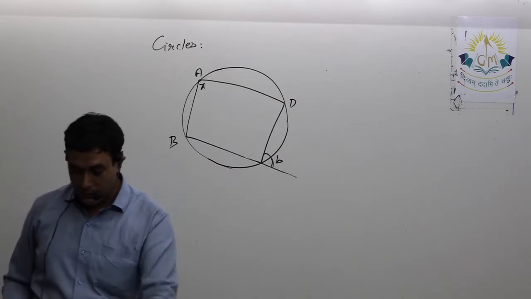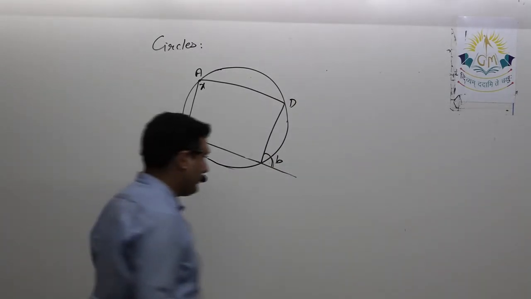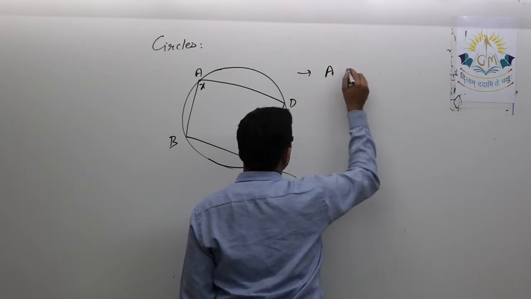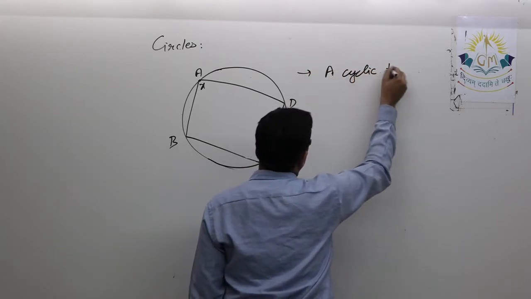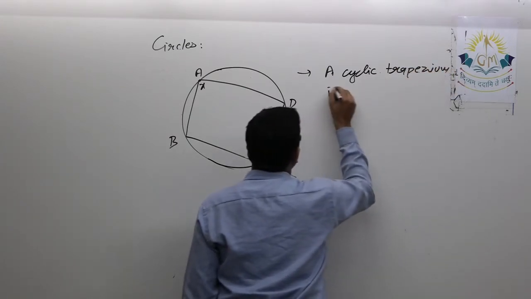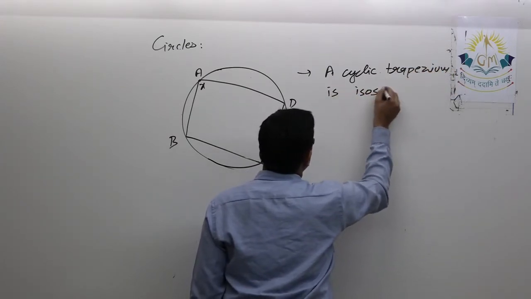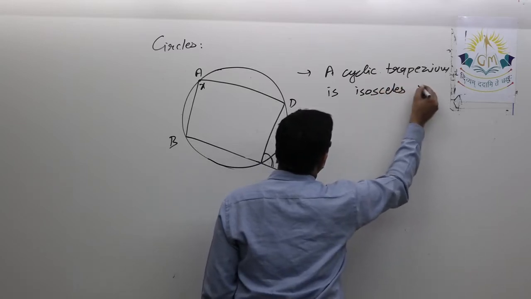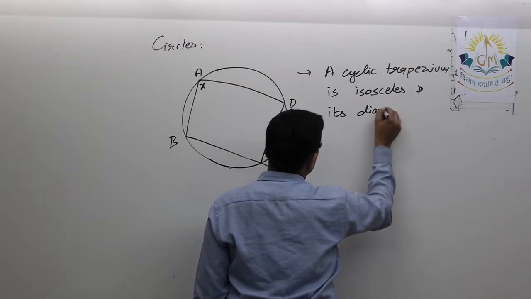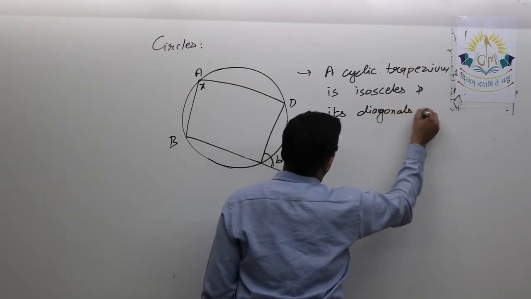So theorems are: a cyclic trapezium is isosceles, and its diagonals are equal.